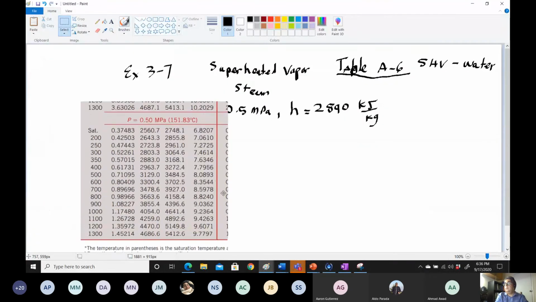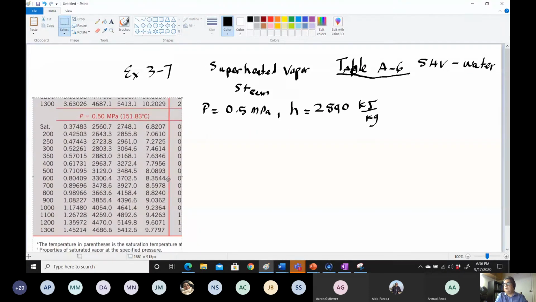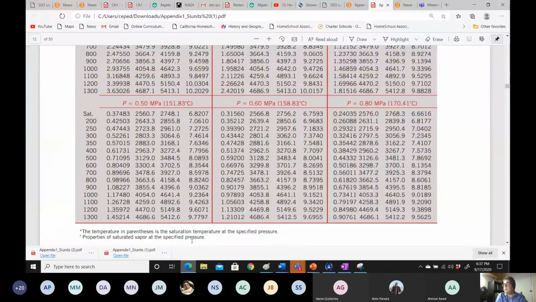All right. So we're trying to find T, the temperature. We're given 0.5 megapascal, so this is the entry, and we're given h equal to 2890. Now I lost my place here.